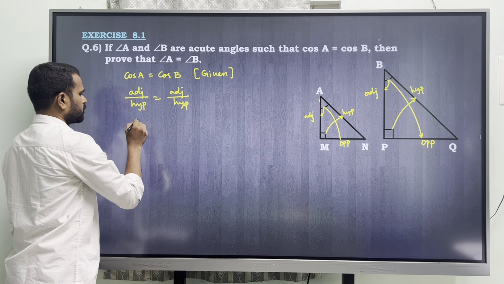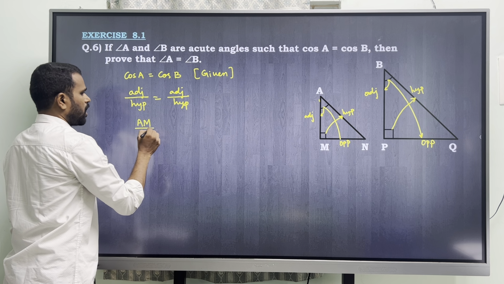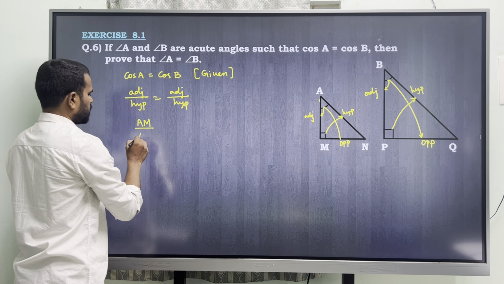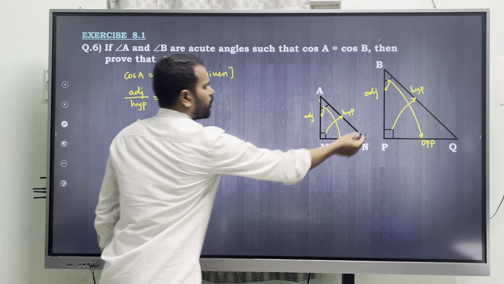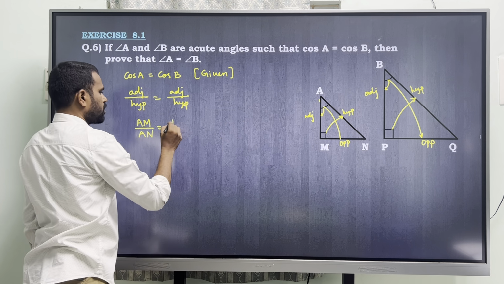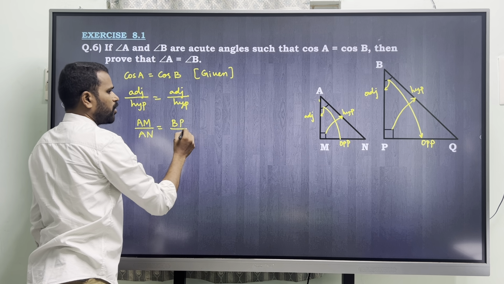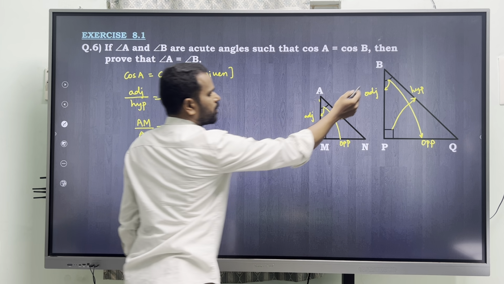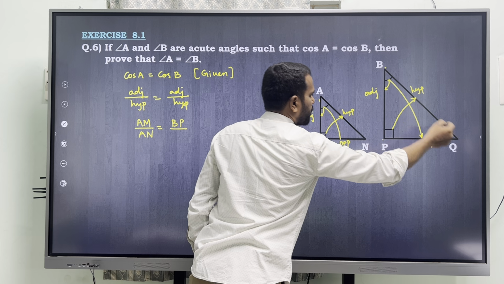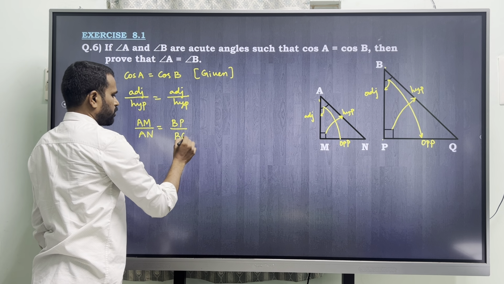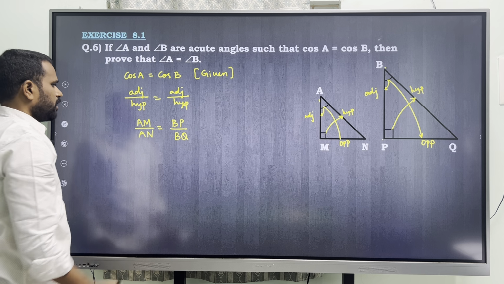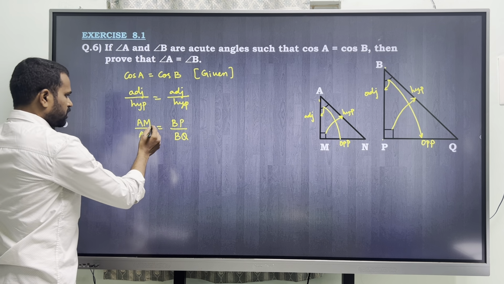AM upon hypotenuse, what is that? AN. That is equal to, in this, what is the adjacent? BP upon BQ, adjacent upon hypotenuse, right? BP upon BQ.